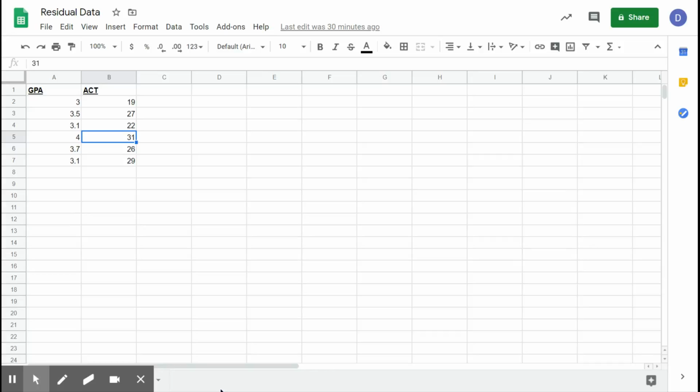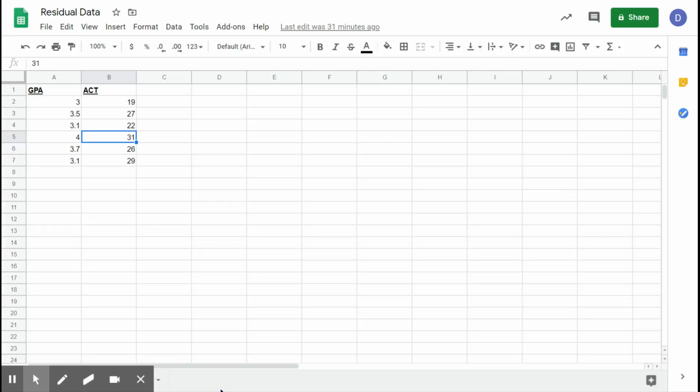Now, there's some cool stuff in this calculator. If I go to stat, and if I highlight L3 and I want the residuals, I can hit second stat, and notice it has a list there, and go down to resid, and then hit enter. And this is going to give me all the residuals for our plot.